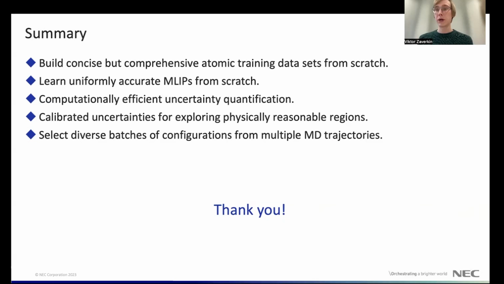I also would like to highlight that we have shown that using our approach, you will obtain uniformly accurate interatomic potentials. And this again, because we do explore simultaneously the rare events and the extrapolative configurations.